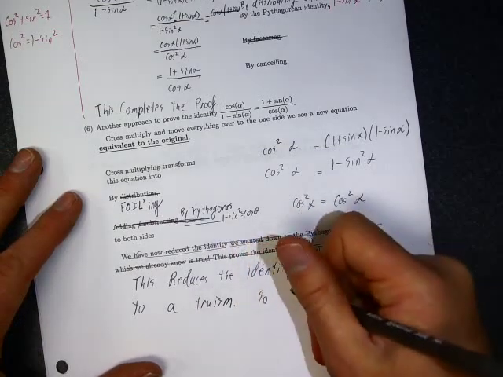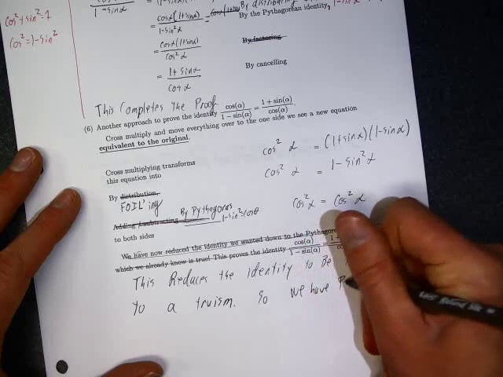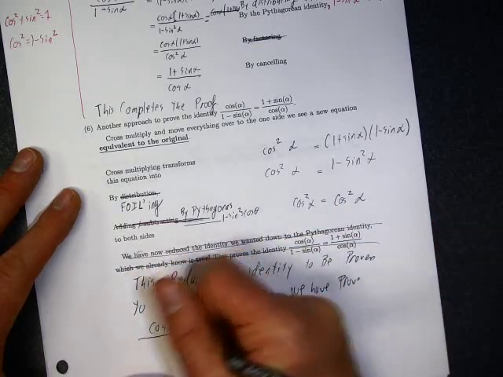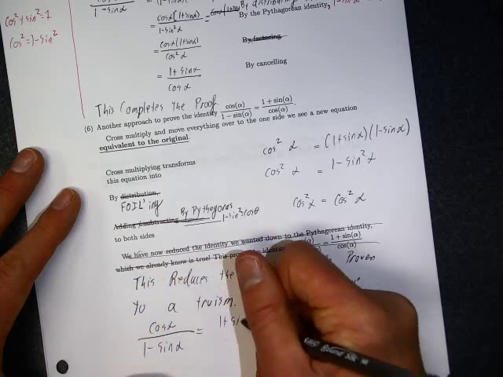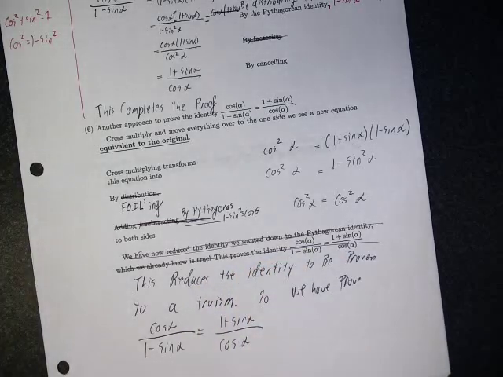So we have proven cosine alpha divided by 1 minus sine alpha equals 1 plus sine alpha over cosine alpha. It's nice to write a concluding sentence, right? We've done something, so we might as well say what it is that we've done.